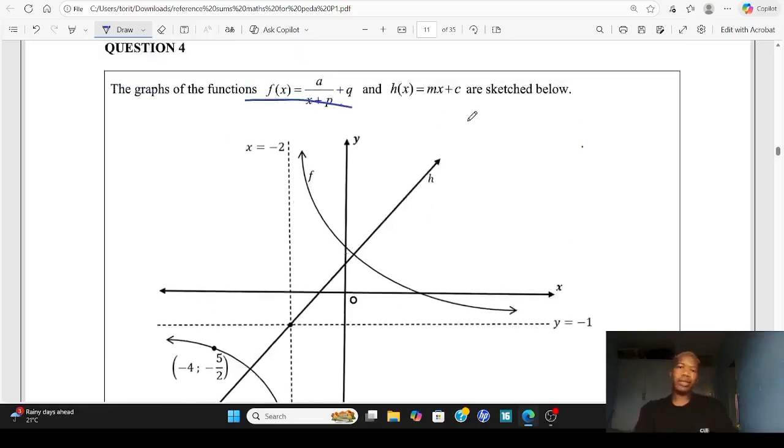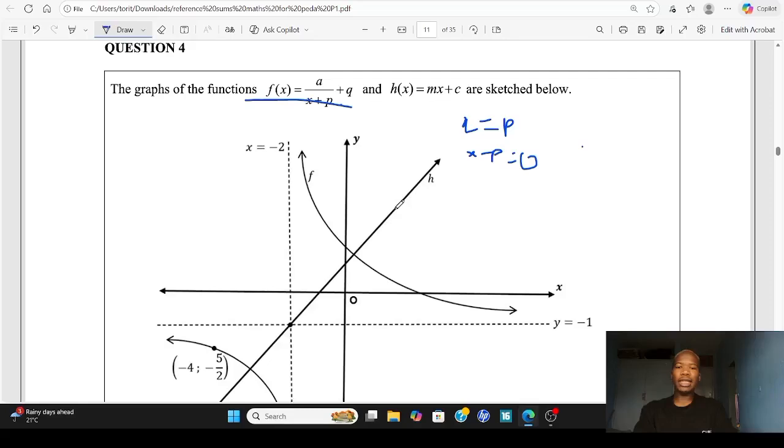So from our equation, we know that x is equal to p, right? x minus p is equal to 0.